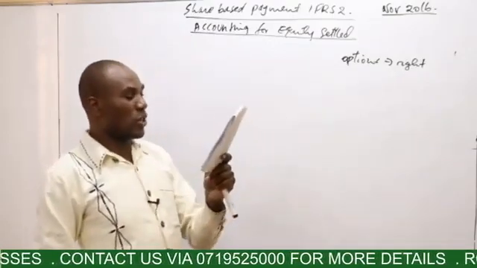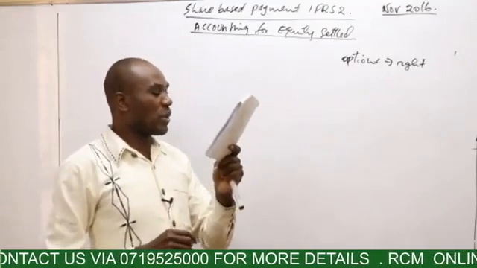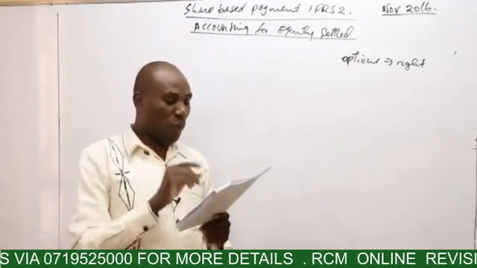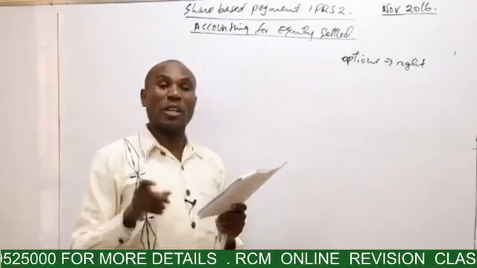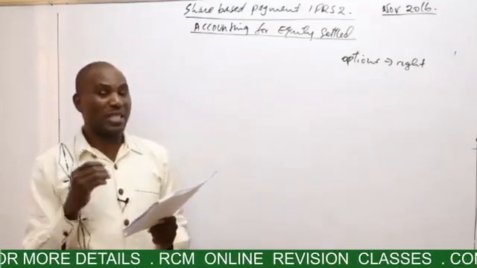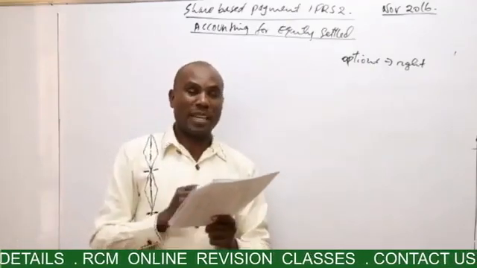Like in this question, the fair value of the option was shillings 25 as at 1st April 2016. Remember, we are closing our year on 31st March 2017, which means we started our year on 1st April 2016. Therefore, that is the grant date.